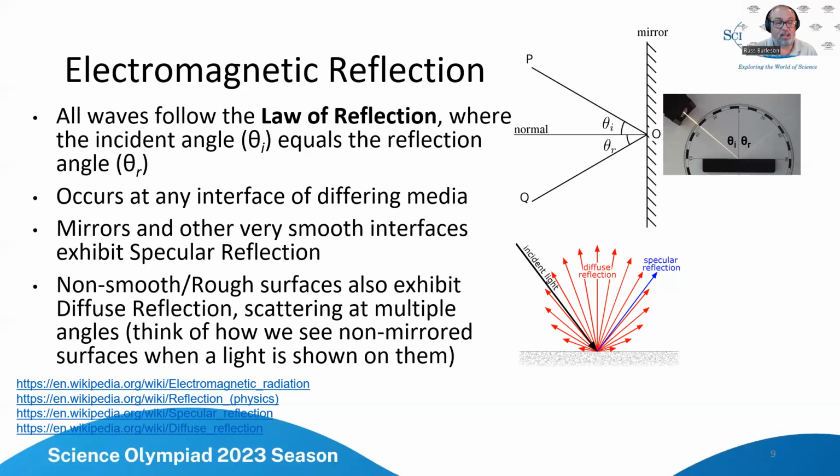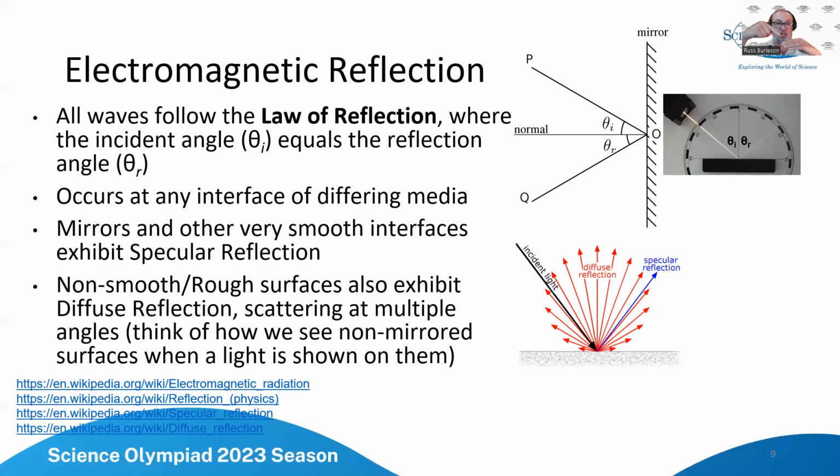Okay, that is a law. It's something you should know by heart, but it's also something that should be in your book. Okay, you'll also notice that theta sub I is measured not from the mirror, okay? It is measured from normal to the mirror. And what that means is it is exactly 90 degrees from that plane of the mirror.